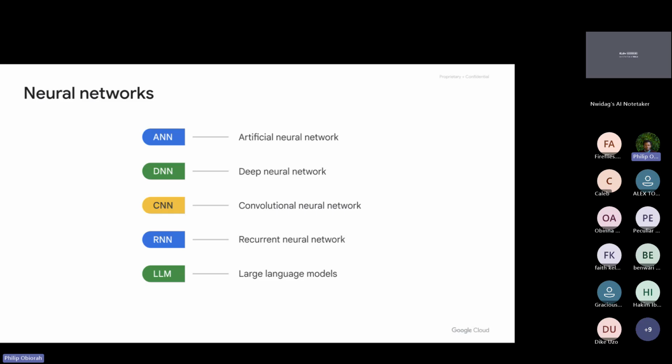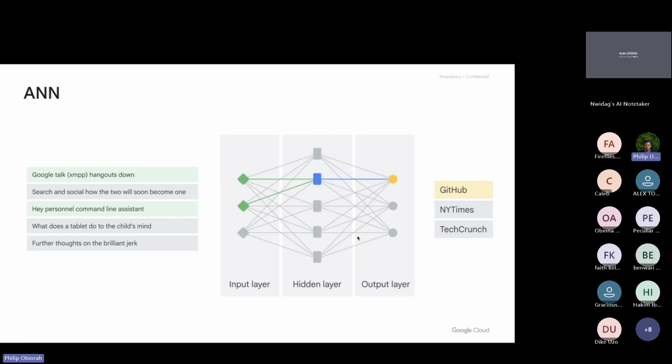And when it comes to words, that's the large language models. In all of this, the backbone, the artificial neural network, is still there. Deep neural networks still have a number of layers, like you said, more and more layers. We shall see that in the next slide.